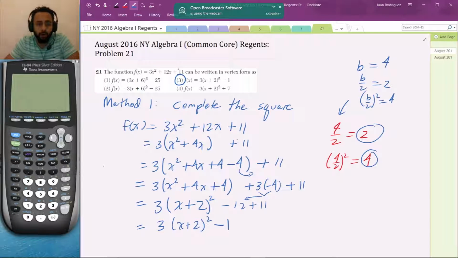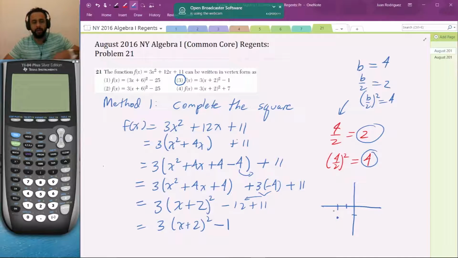Okay, so that's how to do it by the method of completing the square. This would allow us to graph the function nicely. What this is saying, it has a parabola. It has a vertex at the negative of this, so negative 2, and y negative 1.